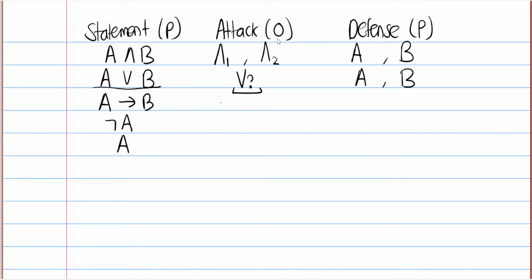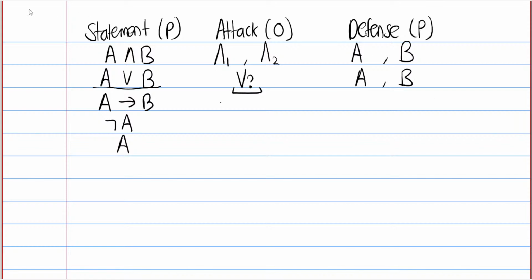So O says, if that is the case, then you should be able to provide me with at least one of them. Just show me that A is true, and if you can't do that, then show me that B is true. Just give me one. I don't care which one. So that's the defense. P can either play A as a defense to this attack, or P can play B as a defense to this attack. If for some reason P does not have these moves at their disposal, then they'll just lose the game.